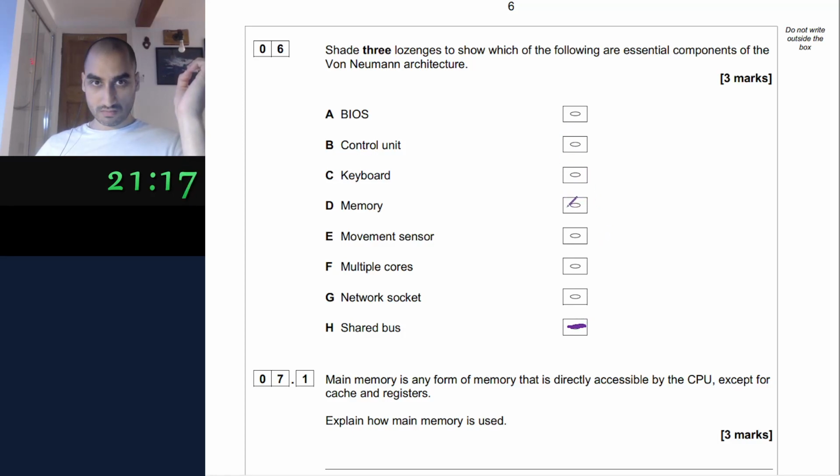Memory. You can't not have memory. Either BIOS or control unit. What is control unit? It probably has different names that I'm familiar with. I'm gonna go with BIOS.